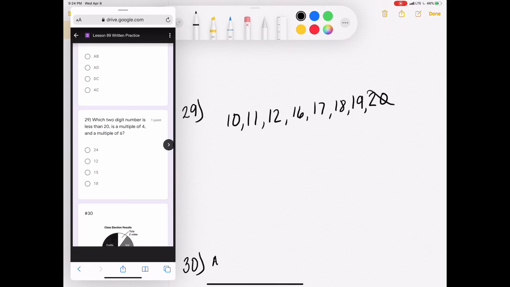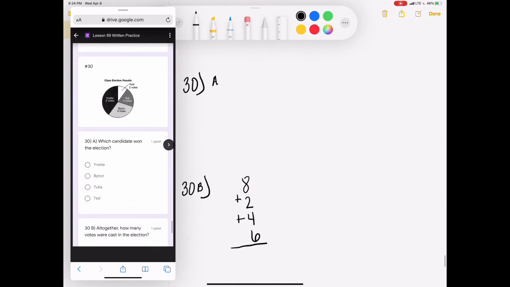So it has to be less. 19, no. 18 is a multiple of 6, but not of 4. 17, no. 16 is a multiple of 4, not of 6. 12. 12 is 3 times 4 and 6 times 2.